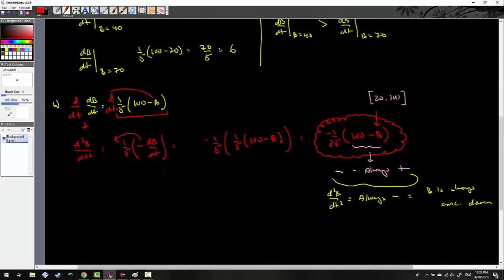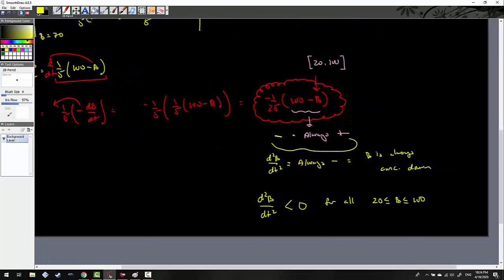So we can say that I'll have to write out the first part of it. I'll have to say d squared B over dt squared is always less than 0 for all B in between 20 and 100.